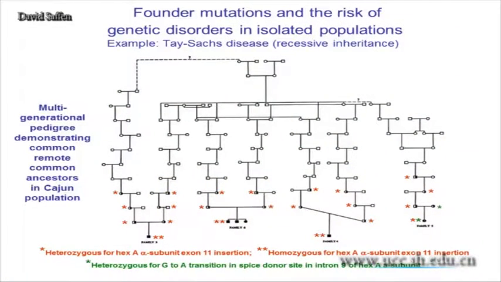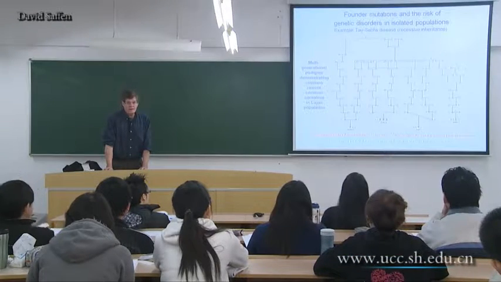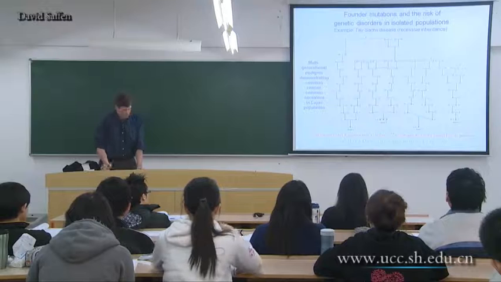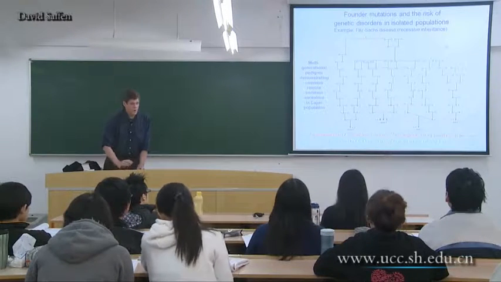So one question is why these genes that cause these horrible diseases are prevalent in the population. Why aren't they just eliminated? There are two reasons why this doesn't occur. One is the so-called founder effect in small populations.